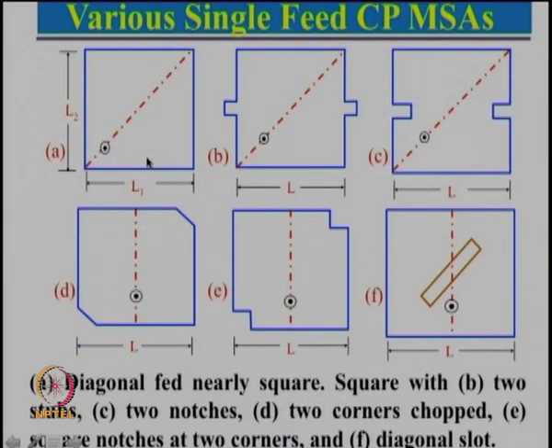Just to repeat that, look at this particular configuration again. At frequency F1 this length becomes resonant, and at frequency F2 this length becomes resonant. When F1 is resonant, that will be dominant, with the E plane horizontal, and at F2 the dominant will be vertical polarization.